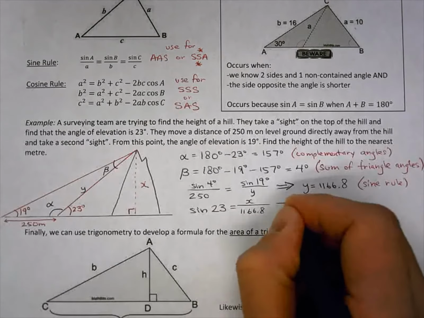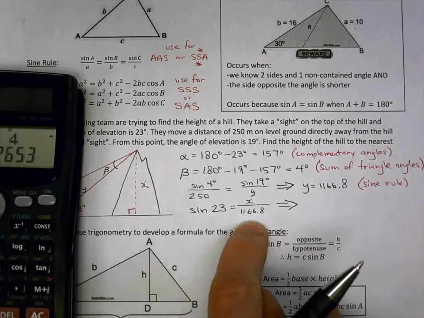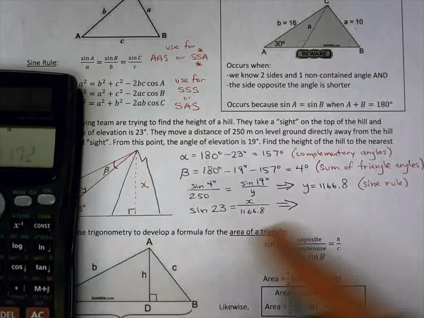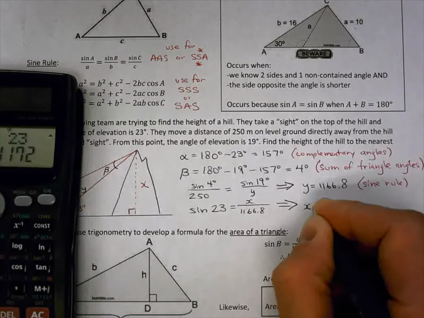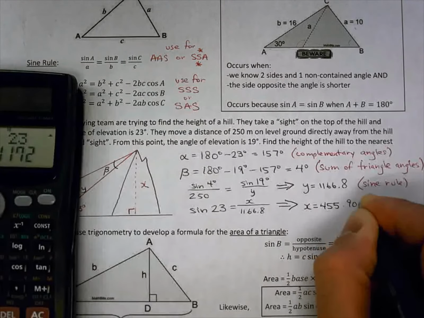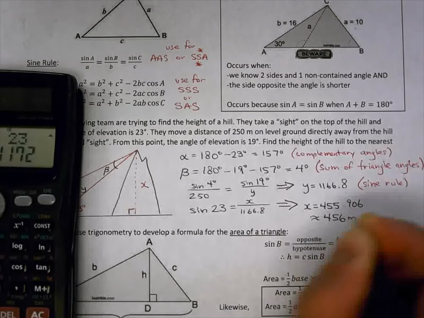Again, I'm writing pretty small here. Hopefully you can take more space. But I basically multiply this number times sine 23. That gives me a final answer of x is equal to 455.906, approximately 456 meters.